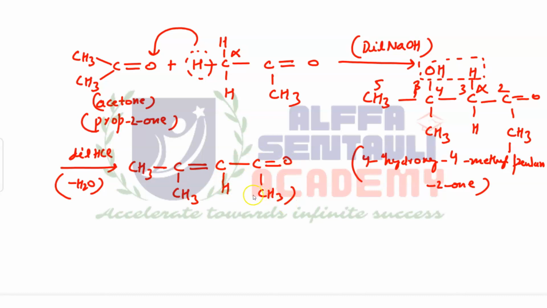Understood? Yes. If you want to do the nomenclature, you can again do the nomenclature. You have to select the largest chain and then do the reaction. Understood? Yes. So this was all about aldol condensation.